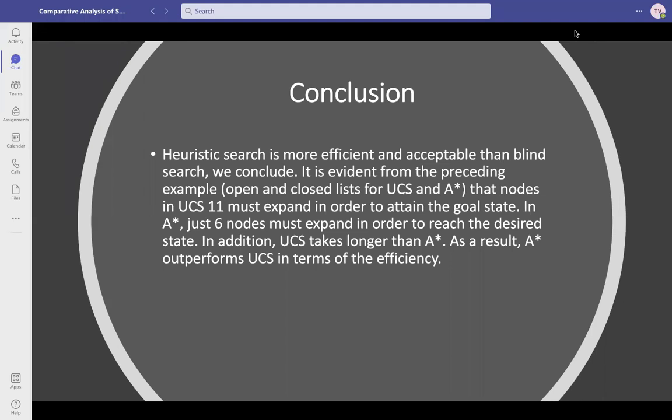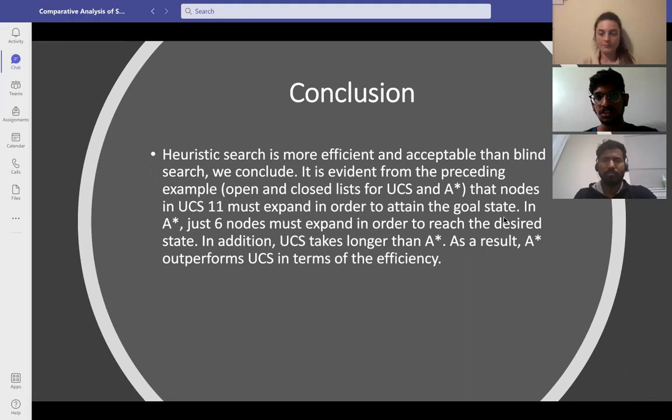In UCS it took 11 steps to expand to the goal state, but in A-star it has been decreased to a minimal number. So with our analysis, we can conclude that heuristic search is more efficient among all the searches that we have discussed. So from here, Tiona will continue on the second paper.